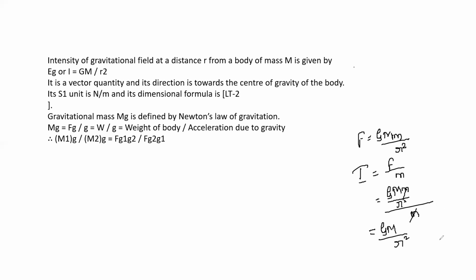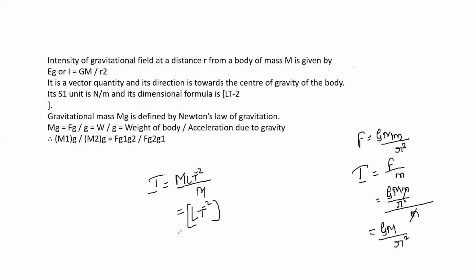So if you want, you can calculate the dimensional formula. See here. We have I is equal to force, M L T raised to minus 2, divided by M. So M we can cancel and we can write it as L T raised to minus 2. Right.